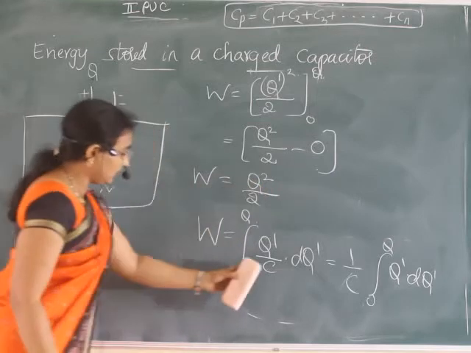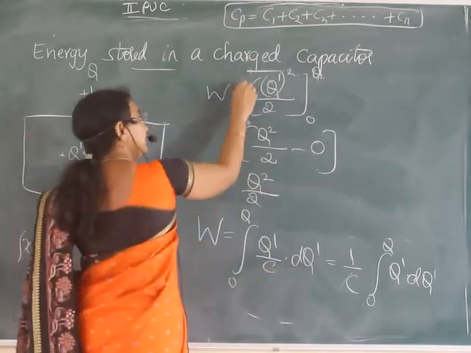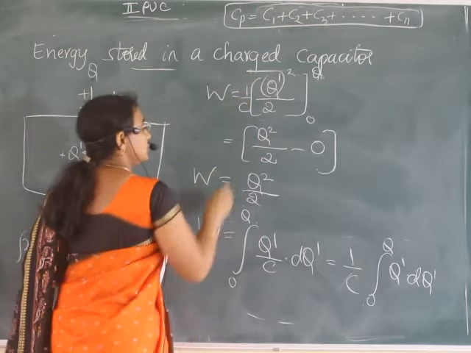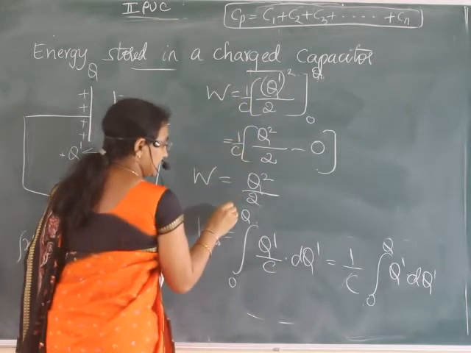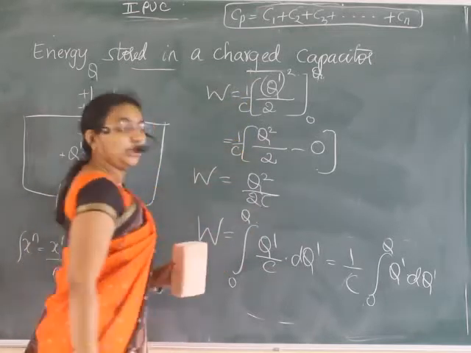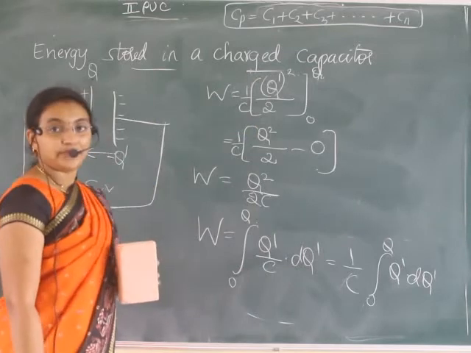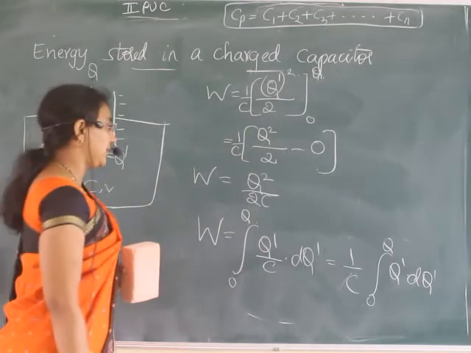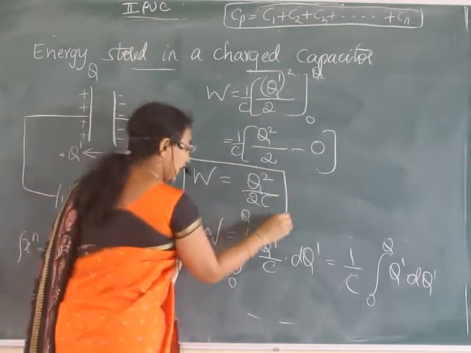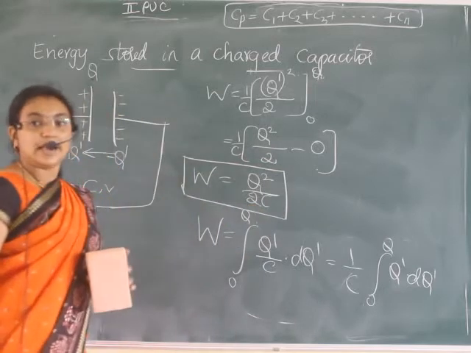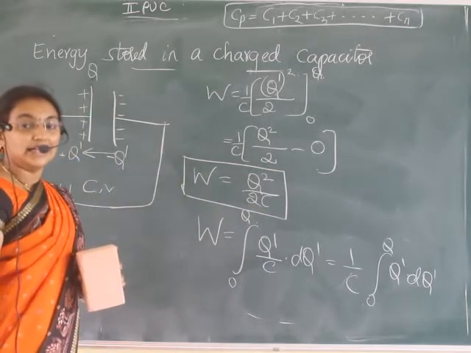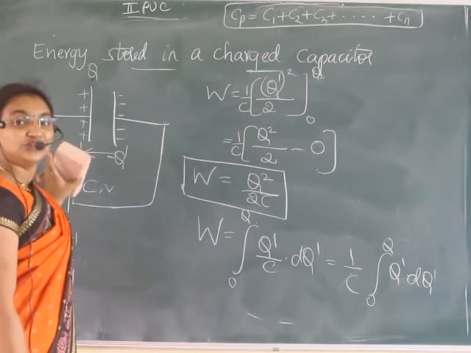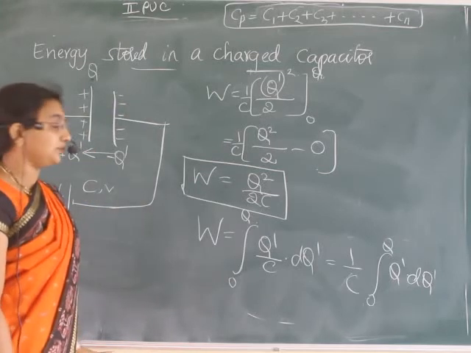But one constant was written outside, so write it here also. Therefore, we get 1 by 2C into Q square, or W is equal to Q square by 2C. This is the amount of work done in completely charging a capacitor.